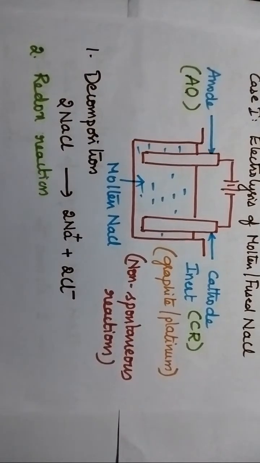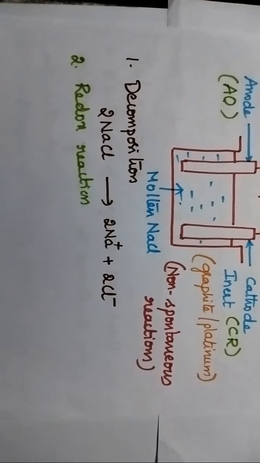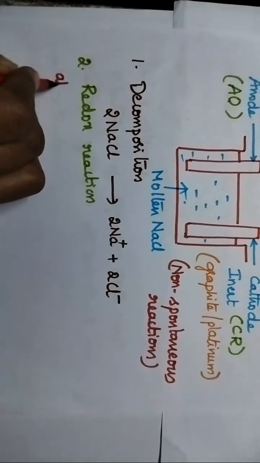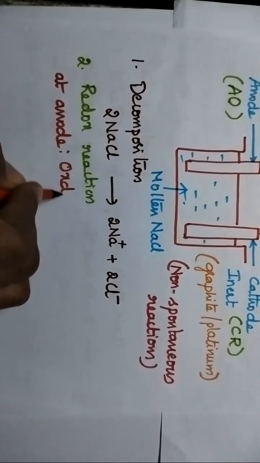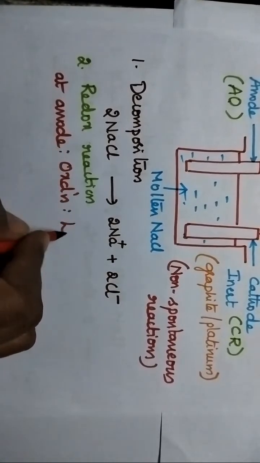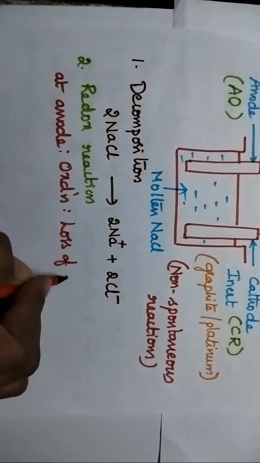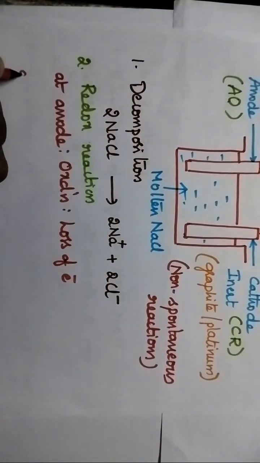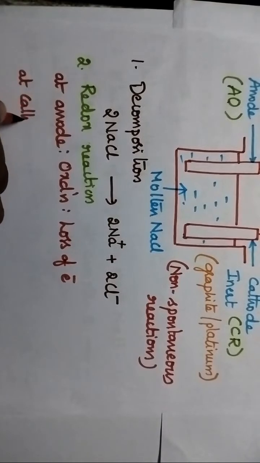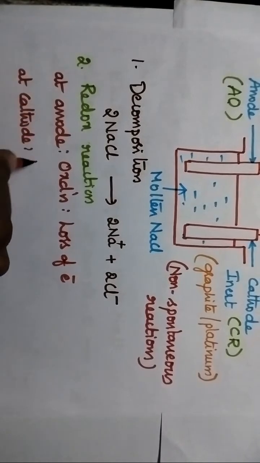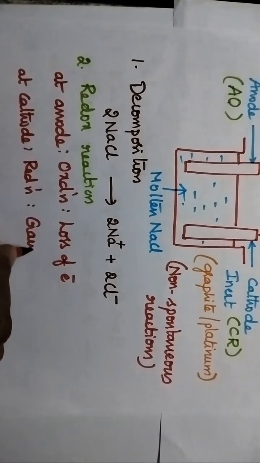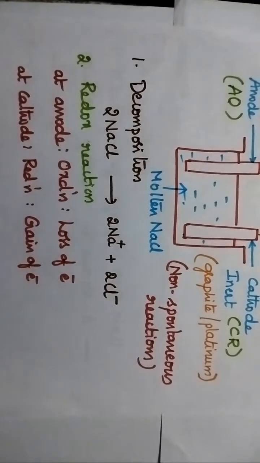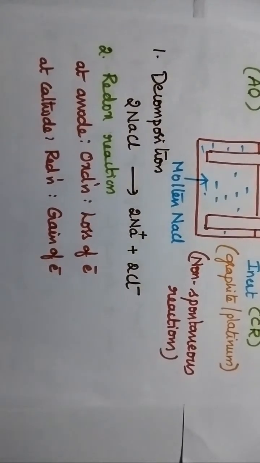Coming to the redox reaction, at the anode, oxidation takes place.